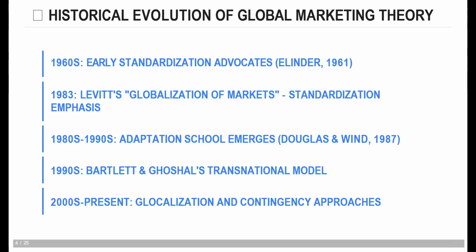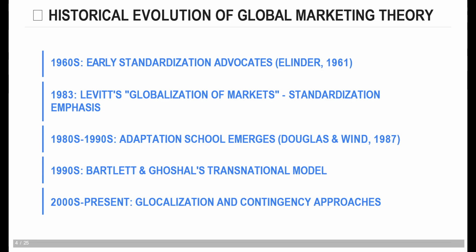In 1983, Theodore Levitt's famous article, The Globalization of Markets, argued that technology and communication were making consumer preferences converge globally, supporting a standardized approach. In the 1980s to 1990s, researchers like Douglas and Wind challenged this, showing that cultural and market differences persisted and that adaptation was often necessary.